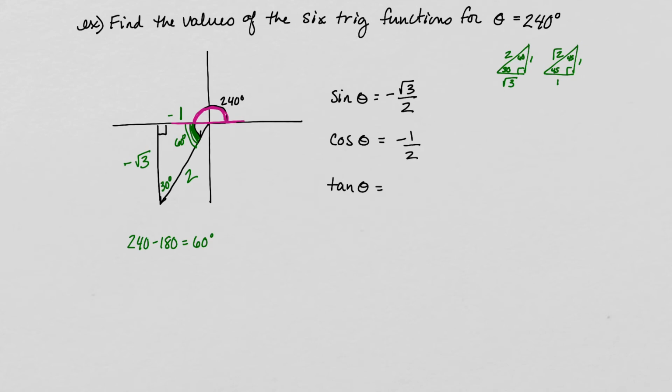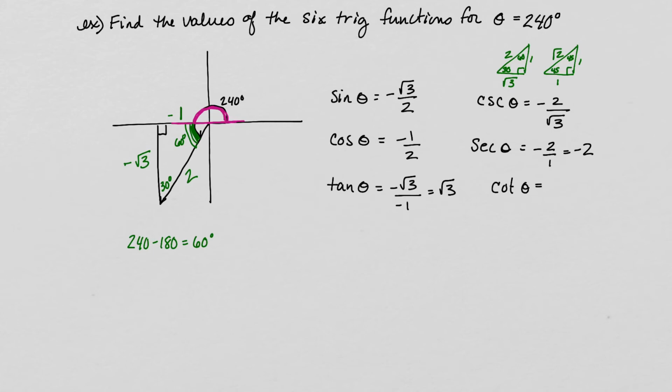And the tangent is the opposite, minus square root of 3 over the adjacent, minus 1, or just square root of 3. And then I'm going to flip them over. So the cosecant of theta is going to be minus 2 over square root of 3. The secant of theta is going to be minus 2 over 1, or negative 2. And the cotangent of theta is going to be 1 over the square root of 3.